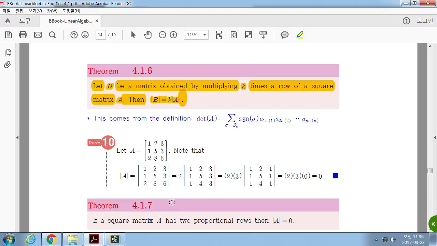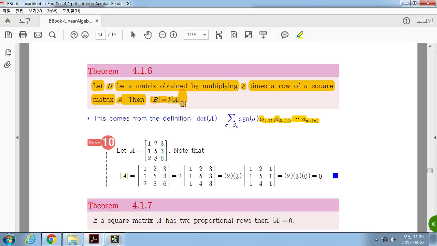From the definition of determinant, this B matrix will have the same form, but the only difference is one of these terms from that row will be k times A I sigma of I. So all n factorial terms will have k in front. So we factor it out. Then the determinant of that matrix will be just k times this. So the determinant of B will be k times the determinant of A.